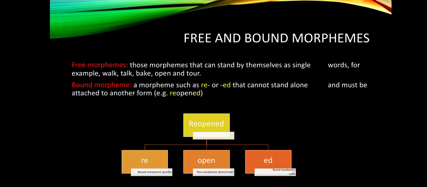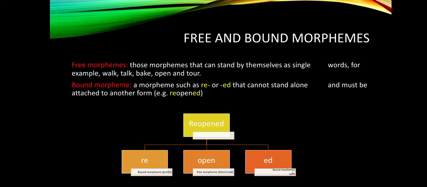Next is free and bound morphemes. We have two forms or types of morphemes. Free morphemes are those morphemes that can stand by themselves as single words. For example, walk, talk, bake, open, and tour, and other words which we speak every day in our communication. Then are bound morphemes.